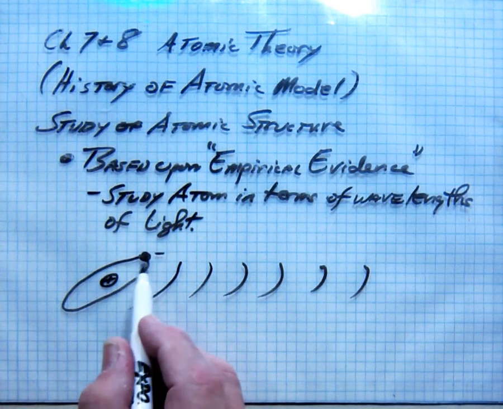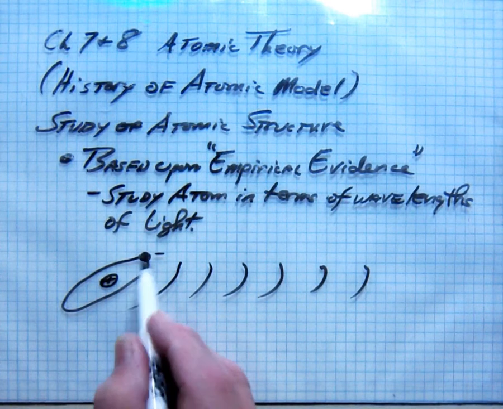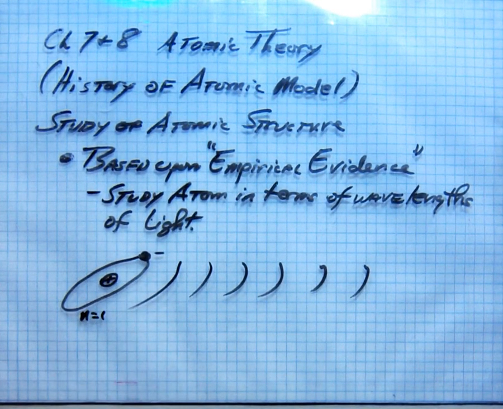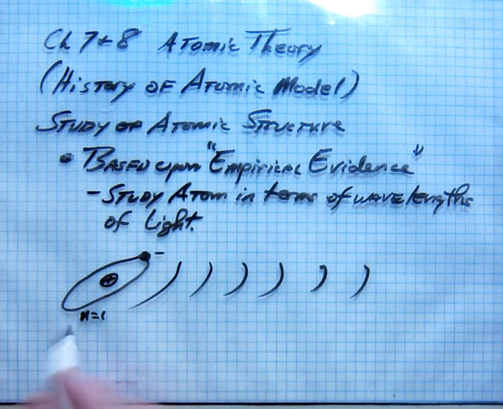Well, when the electron is in the first level, N equals 1 for hydrogen, that's the lowest energy state. That's called the ground state.